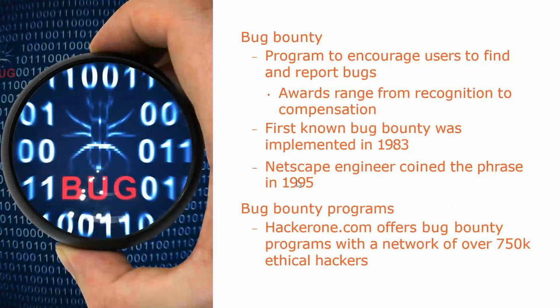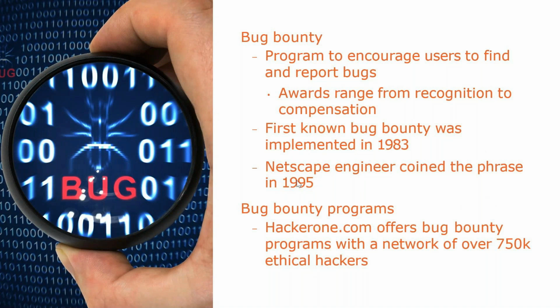Bug bounty is a program where you announce to the hackers that those who try to find issues in my secured services will get some sort of award. So bug bounty is a program to encourage users to find and report bugs.